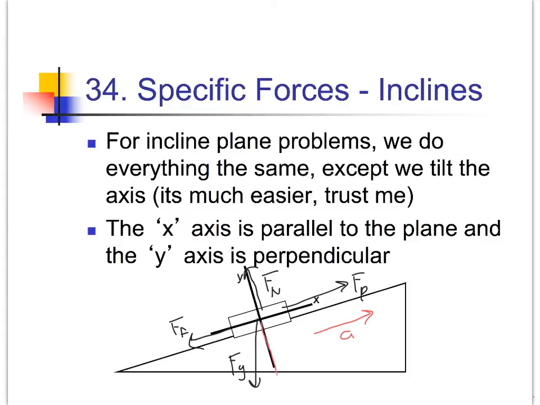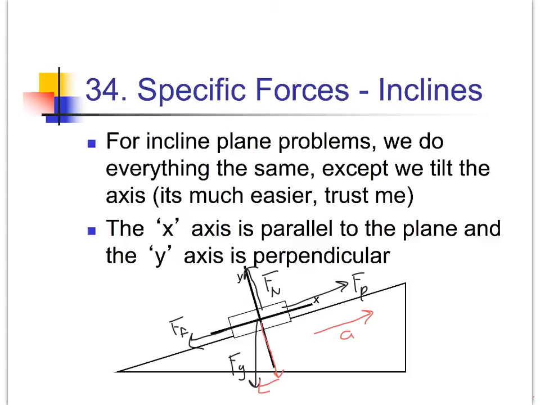So we now need to do our components of the force of gravity. We're going to have one component going perpendicular to the incline like this, one component going parallel to the incline like that. So that is our new method, or our new little trick for dealing with an inclined plane.